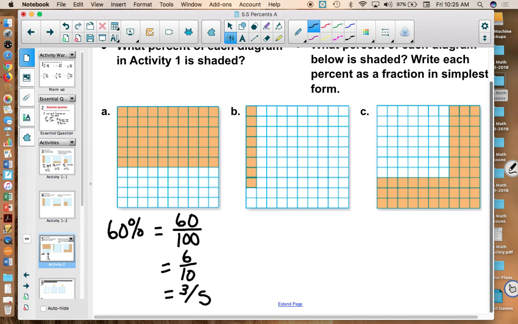What's the percentage of B? What is B's percentage? Emmy? 8%. Good. What is its fraction in simplest form? Well, if I start out with the fraction 8 out of 100, because we know it's out of 100%, what is the simplest form there?